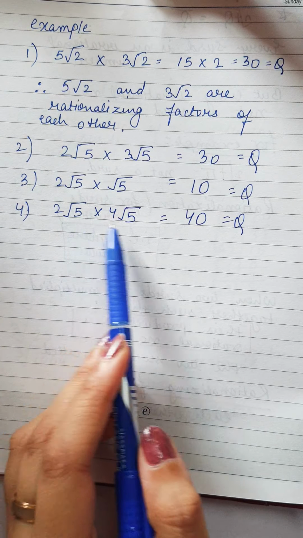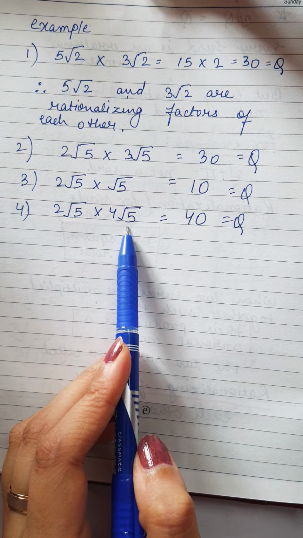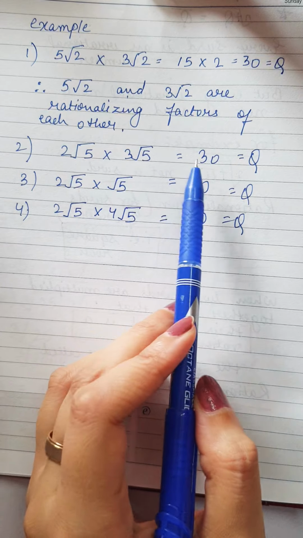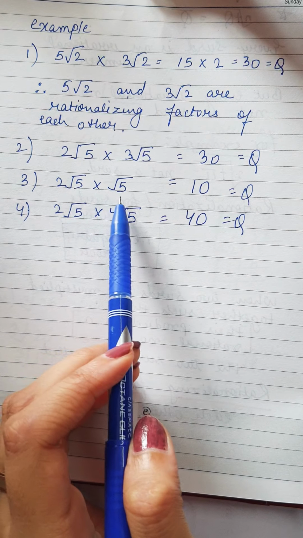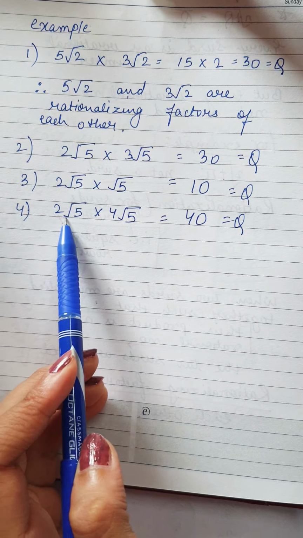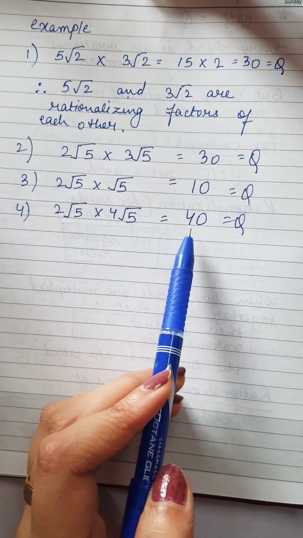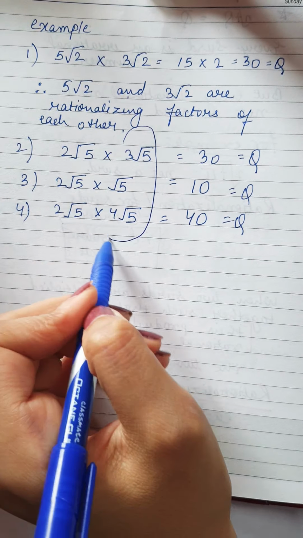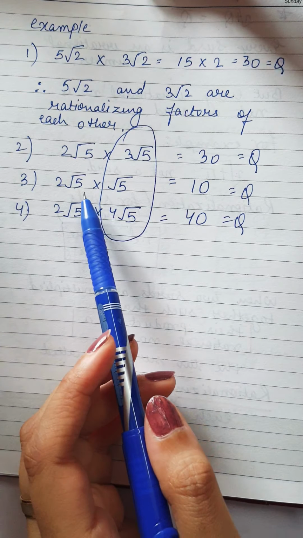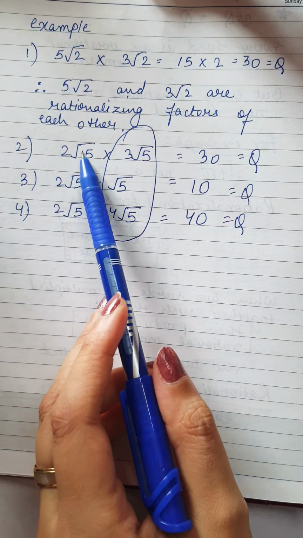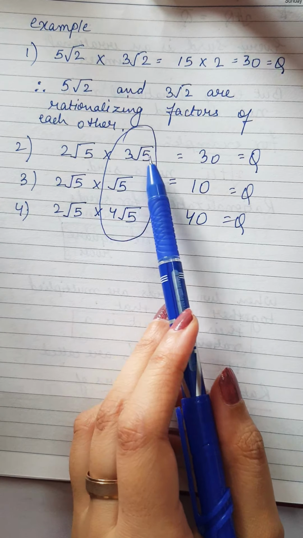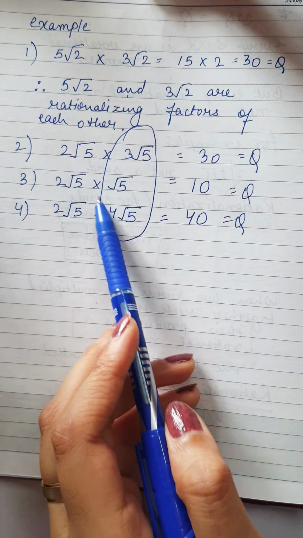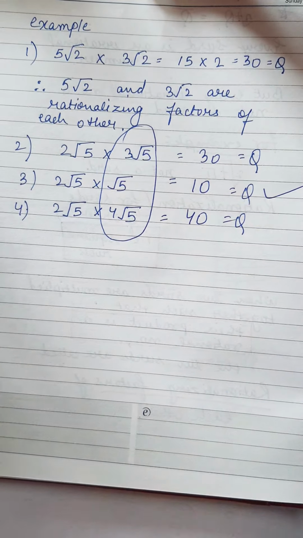Same case here. Now you need to observe that 2 root 5 multiplied with this gives 30, the same number multiplied with this gives 10, and the same number multiplied with 4 root 5 gives 40. Now from all these numbers, 3 root 5, root 5, 4 root 5, the least rationalizing factor is under root 5.